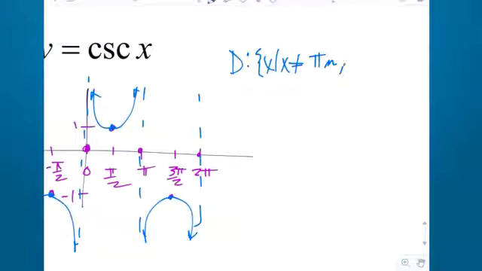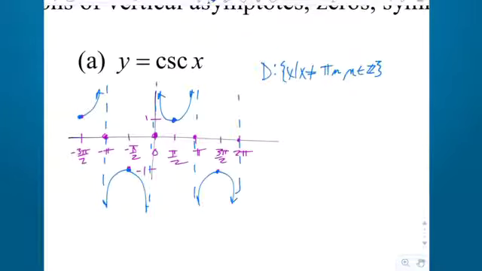How about pi n, where n, of course, is an integer? Hey, that's the same domain as which other parent function? Cotangent, good. Has the exact same domain as cotangent, which makes sense.